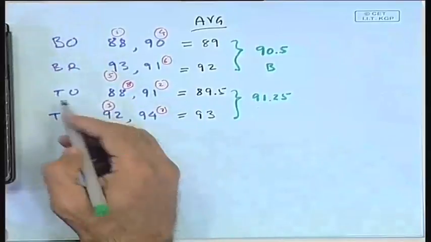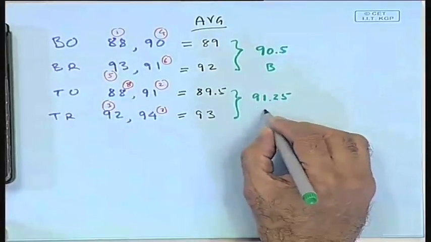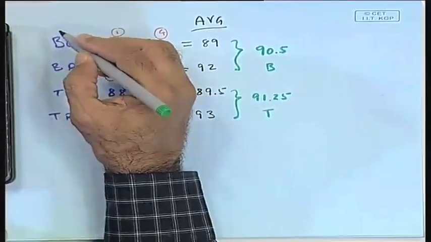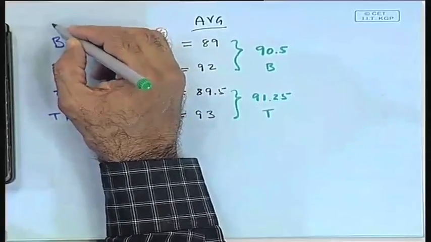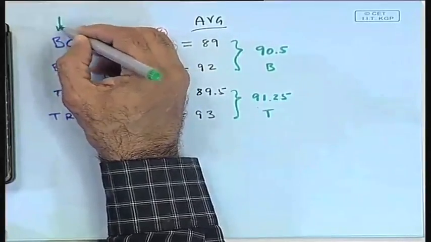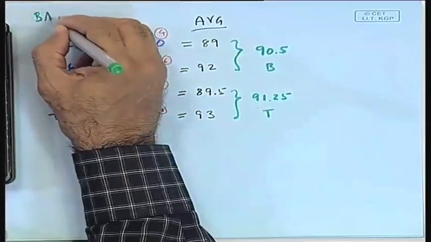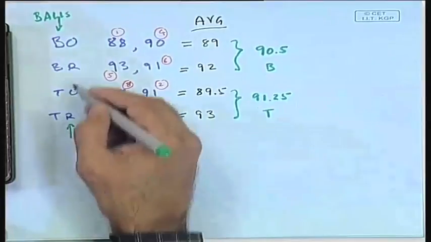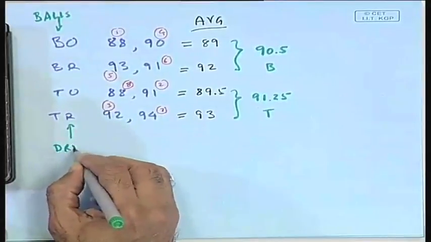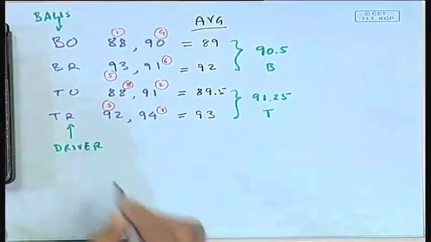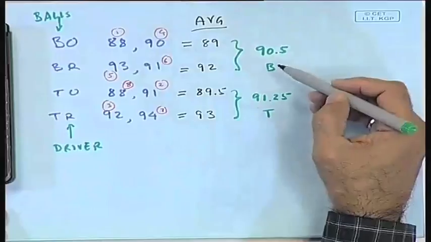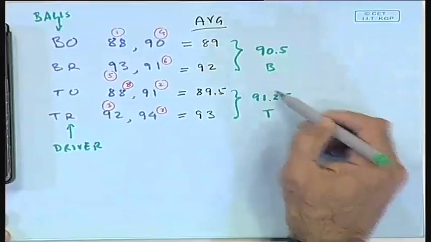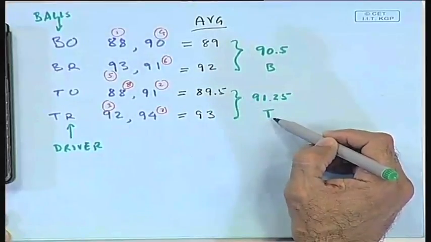And what is common between these two is T. Now remember, this column was for balls, and this column was for driver. What I've done here is I've found the average score of playing with ball type B and the average score of playing with ball type T.